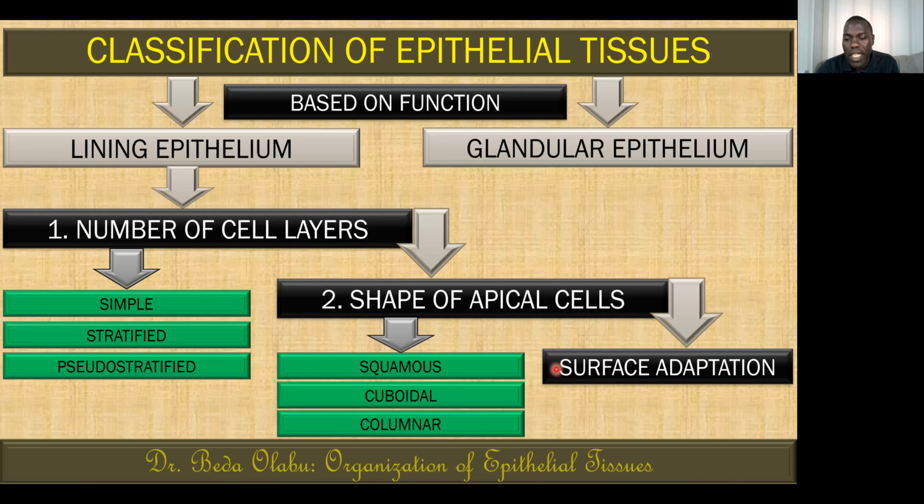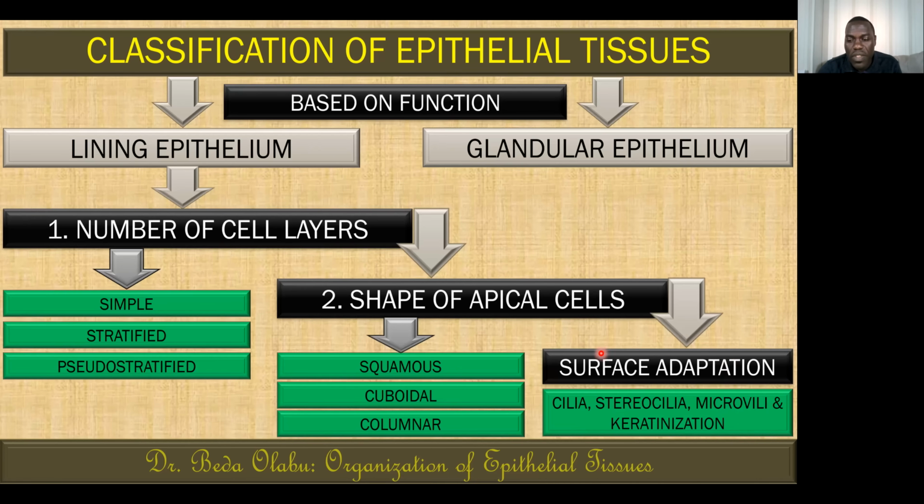We want to look at the type of surface adaptation the lining epithelium is displaying. And so some of these will be having cilia, then we say it is ciliated. Some of them may have what we call stereocilia. And I'll be explaining these ones as well at the tail end of the lecture. Some of them have microvilli. Some of them have keratin, so we say they are keratinized.